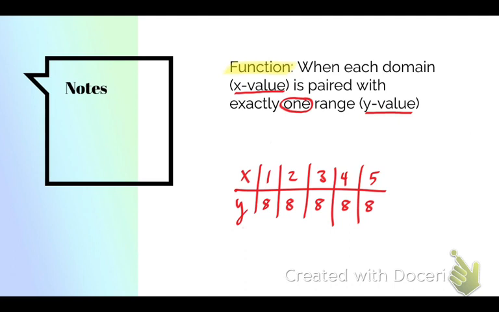But if we think about this, for something to be a function, each x has to be with only one y. Well, 1 is only paired with 8. 2 is only paired with 8. 3 is only paired with 8. 4 is only paired with 8. And 5 is only paired with 8. So because each x only has one partner, yes, this is a function.